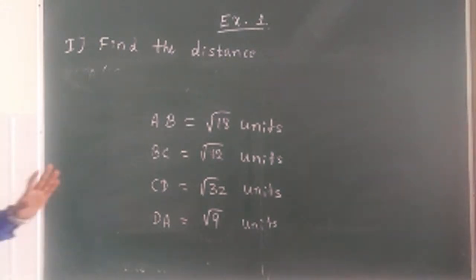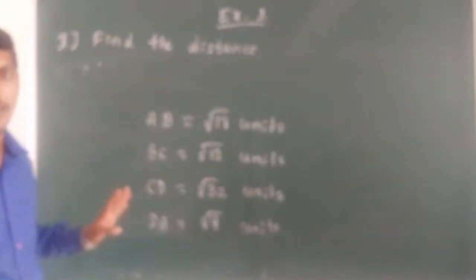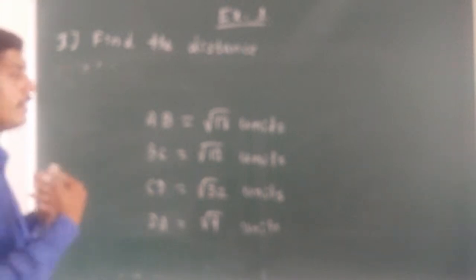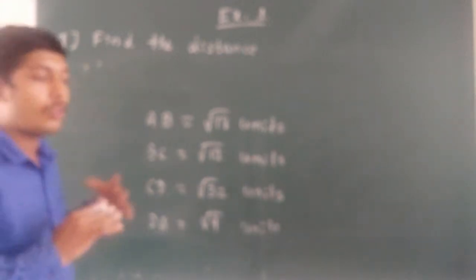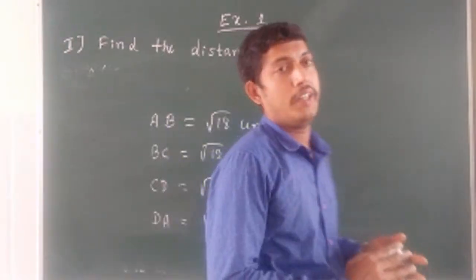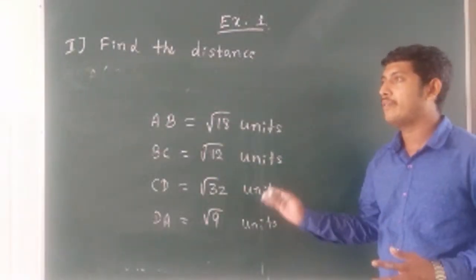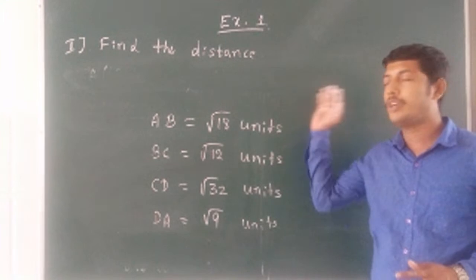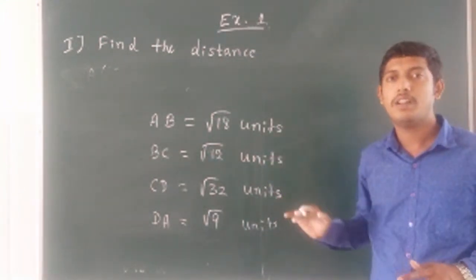Okay, we have to categorize this as a general quadrilateral. If all the sides are different, then no need to calculate the diagonal values, and we give the name: the given points constitute a general quadrilateral.